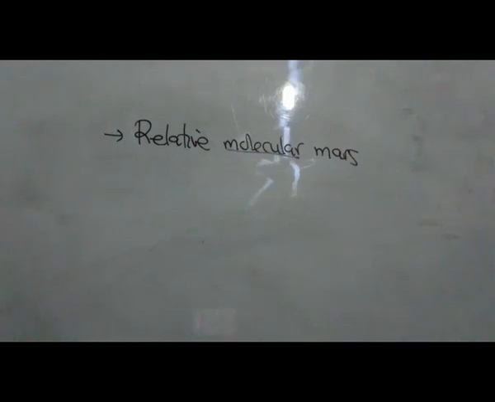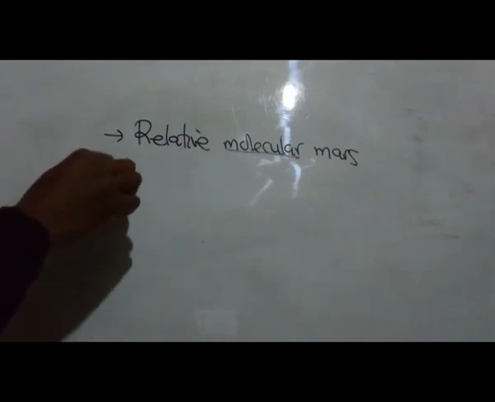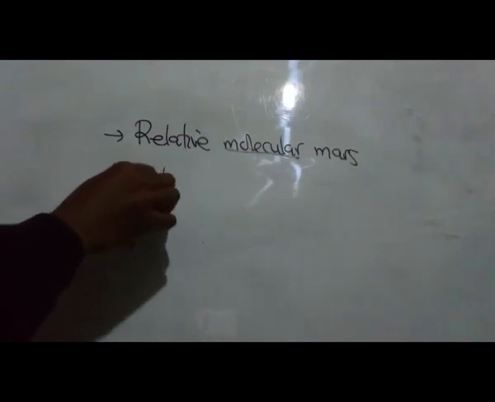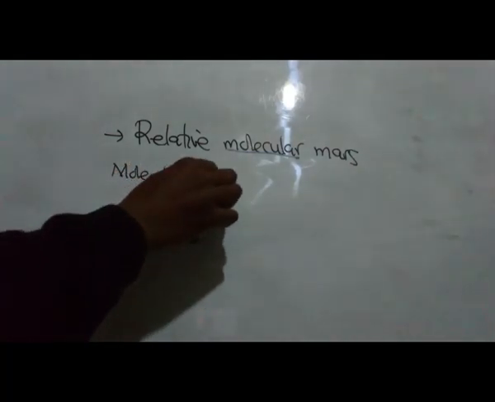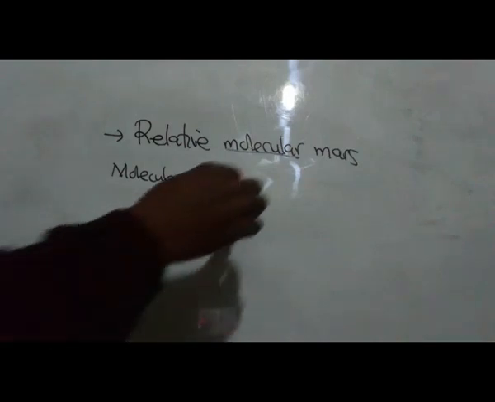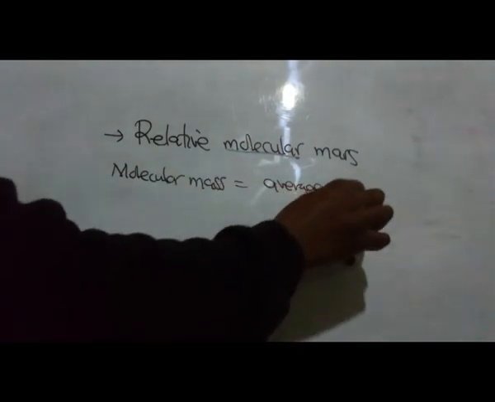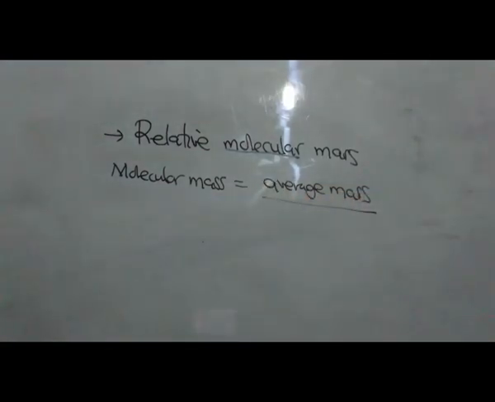There is a formula used in calculating it. The relative molecular mass can be found as the average mass of a molecule of a substance. Relative molecular mass is equal to average mass over 1/12 of carbon 12.